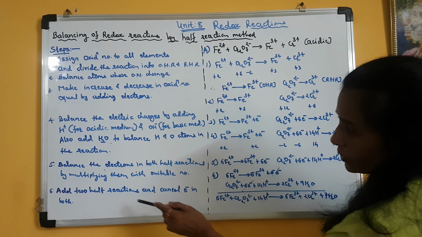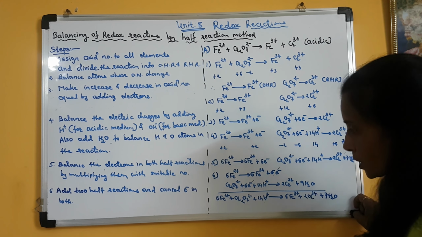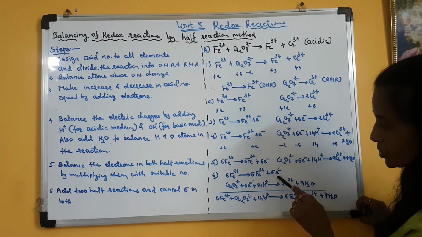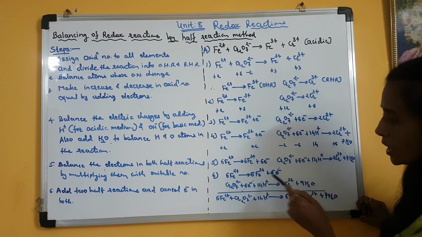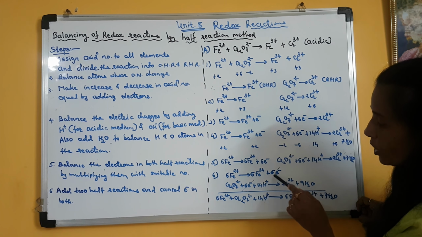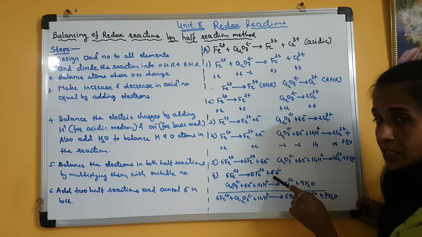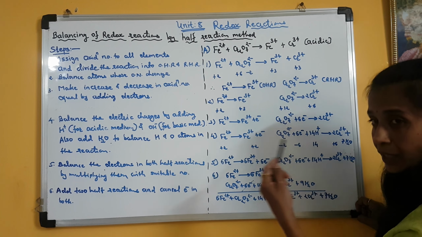Clear? So now the last step: add 2 half reactions and cancel electrons in both. So the first half reaction, oxidation half reaction I have written, then I have written reduction half reaction. I added them so that the electrons get cancelled. Clear? Why? Because in the oxidation half reaction electrons are on the product side, and in the reduction half reaction they are on the reactant side.